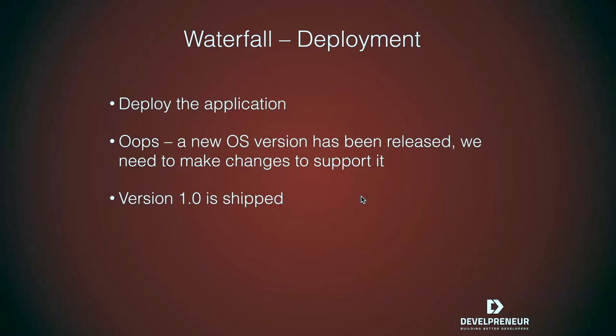We targeted version 1 with our requirements, and now version 2 of the operating system is out there. Well, too late. We're going to ship this thing out, and it's only going to be supported on that older operating system version. We've put out this new application, and everybody that has the latest version of the operating system can't use it. We're going to deal with that in version 1.1.